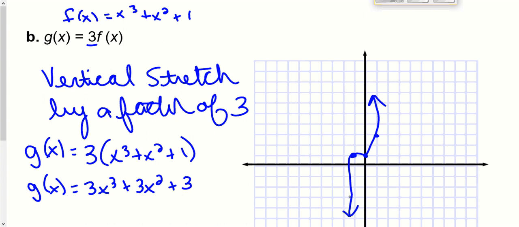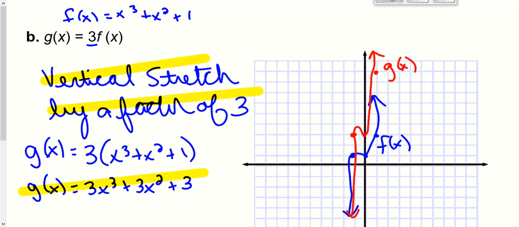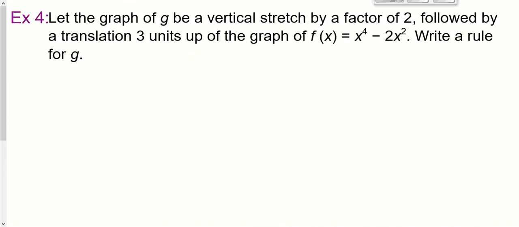It's going to be way on down there. Negative 1, 3. 0, 3. And 1, 9. So it's still going to have this hump right here that's just a little bit bigger. And that's going to go back up through there, and this is going to go down through there. So the red is your g of x, and the blue is your f of x. Vertical stretch by a factor of 3. There's the new function.